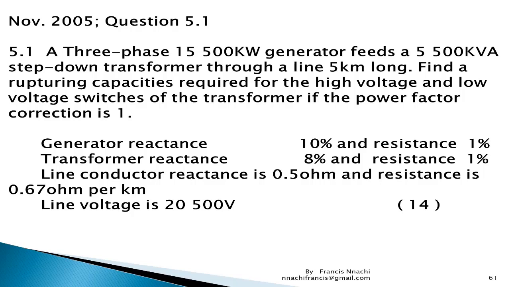Just want to write it out. 15,500 kilowatt generator and feeds 5,500 kVA transformer through a 5-kilometer length. Find the rupturing capacity required for the high voltage and low voltage switches of the transformer if the power factor is 1.